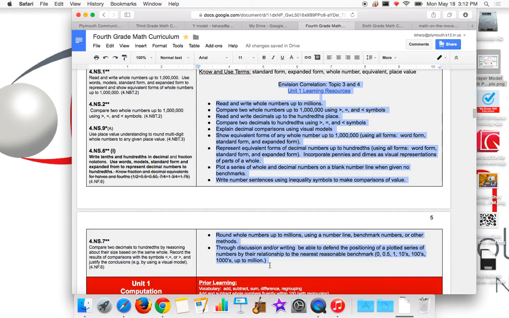Each individual bullet is a learning target. It is a step along the way to being able to know, use, and be fluent with the math related to the standards on the left. So these are your learning targets, but all of them together make your learning progression.